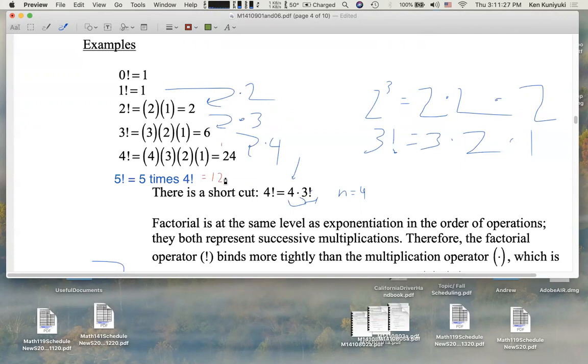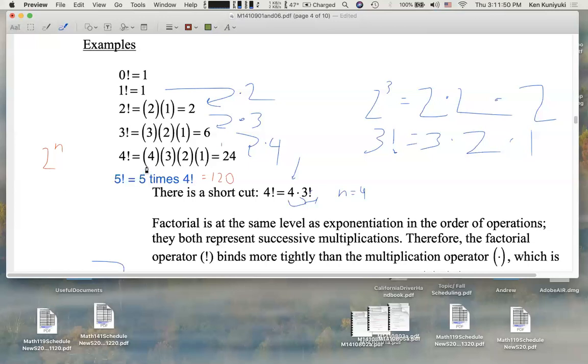It turns out that factorials grow fast. In fact, they grow faster than any fairly basic exponential function, because with a fairly basic exponential function, for example, 2 to the x, or 2 to the n, let's say, the discretized version, you're multiplying by the same number over and over again.